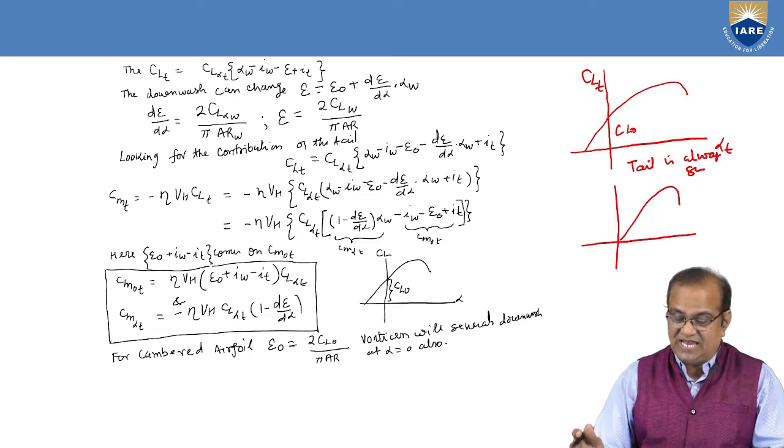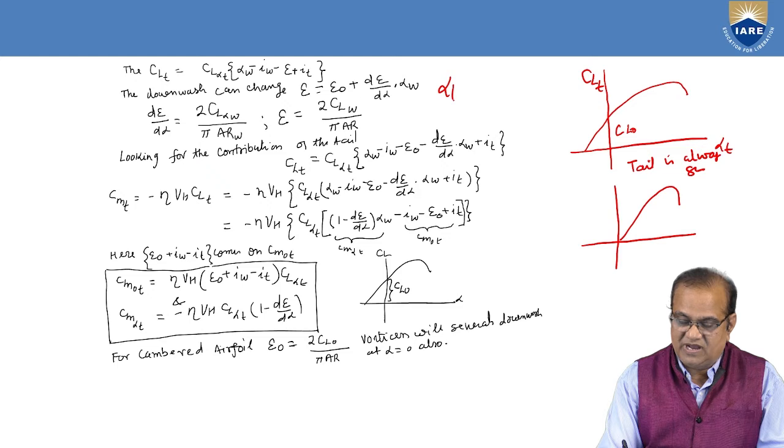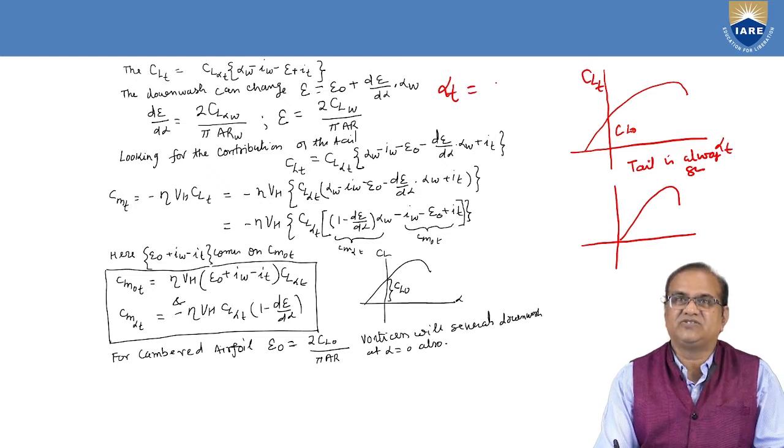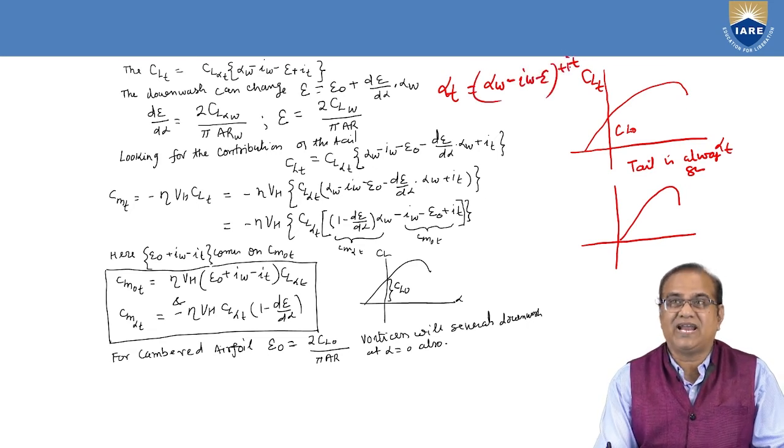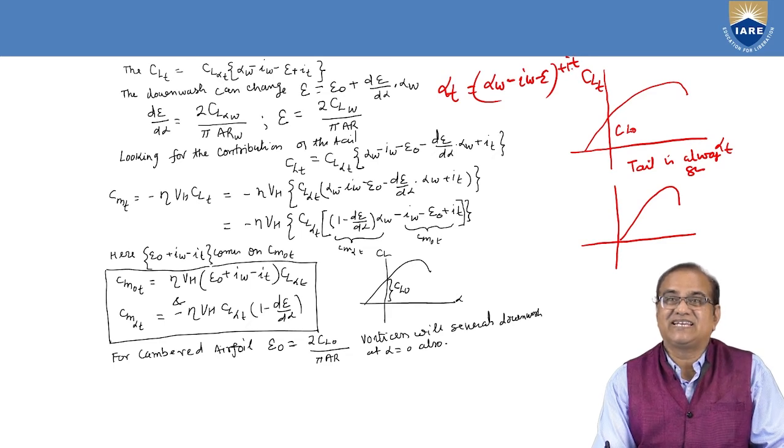So this is the alpha T. Alpha T is equal to alpha W minus IW minus epsilon plus IT, where IT is the tail setting angle.